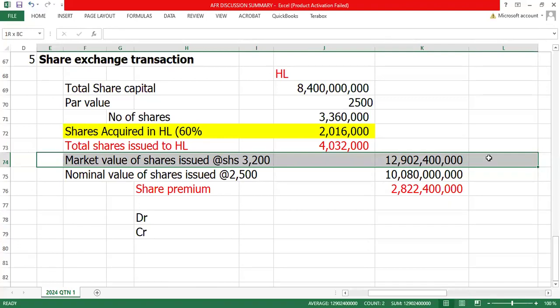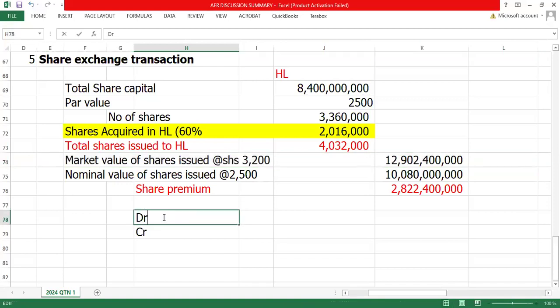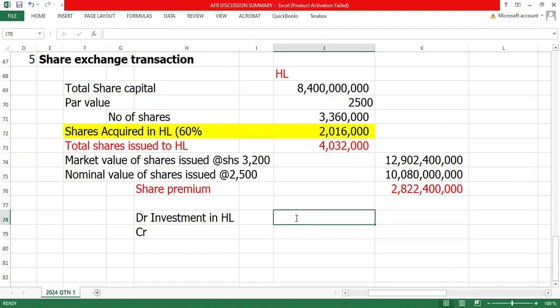Do you agree? You are buying shares in another company, you are investing. It's an asset. So you debit an investment, an asset, investment in HL. So you are investing this.